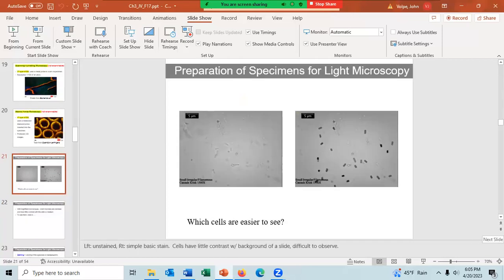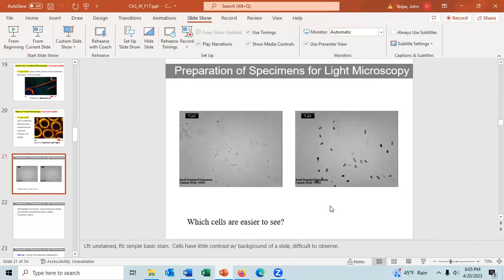All right, here we're looking at 2 slides viewing cells here and then here. Which cells are easier to view? Cells on the right or the cells on the left? It's pretty obvious.